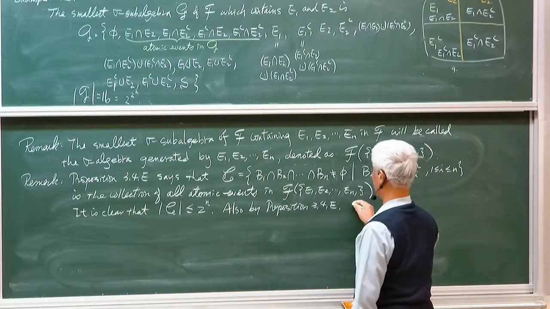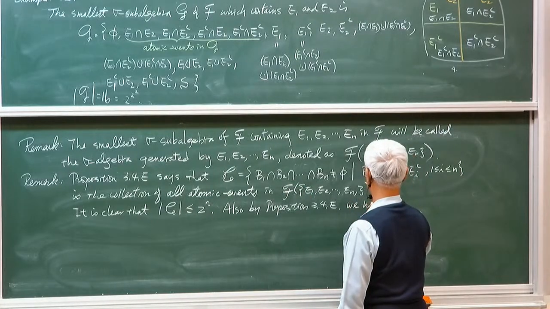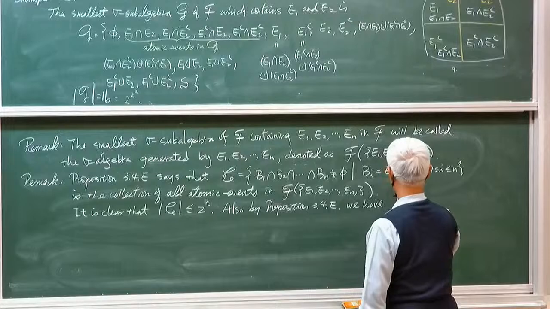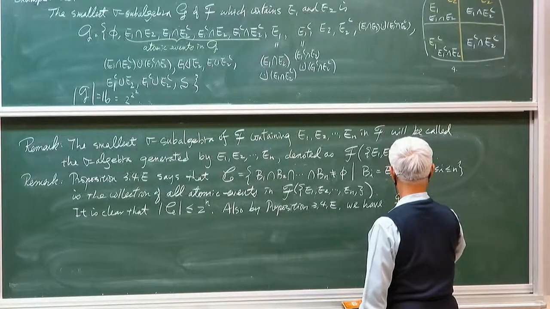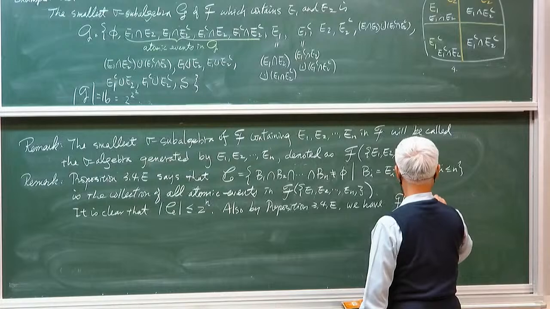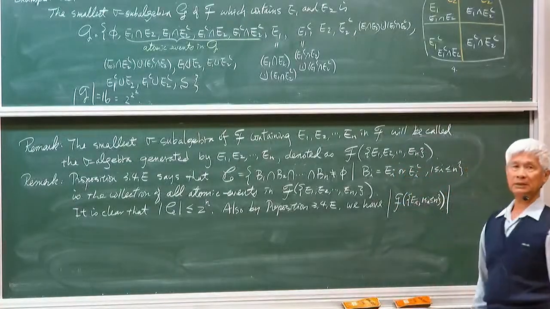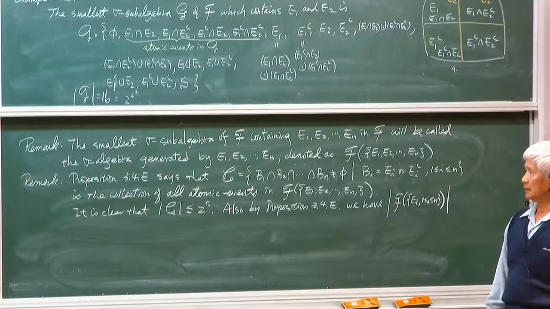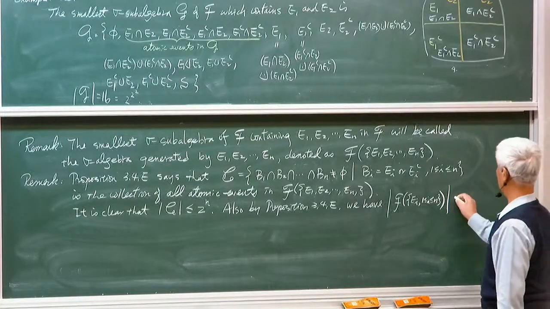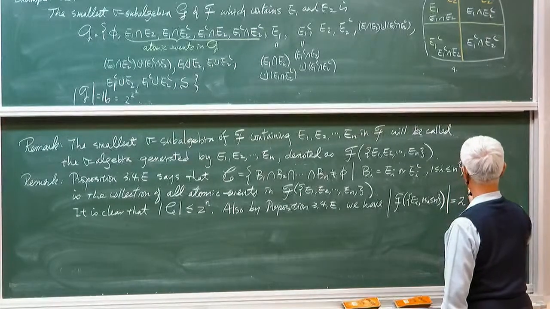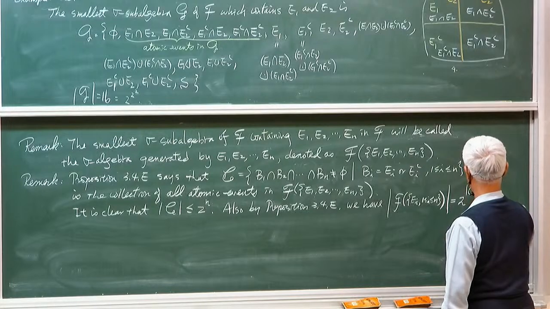So the size of this generated sigma subalgebra will be equal to 2 to the size of the collection.